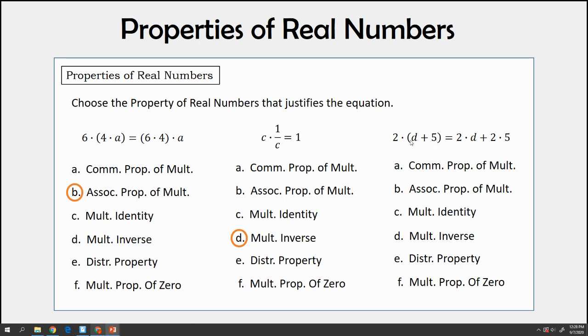Whenever I have multiplication over addition, we can distribute, which means take that outside number, multiply by the inside number, and then take the outside number times the other inside number. So it would be 2 times D plus 2 times 5. I'm sure you've all distributed already. So this would be an example of the distributive property. Didn't get a chance to go through it with you, but there it is. Okay. I think you know it.